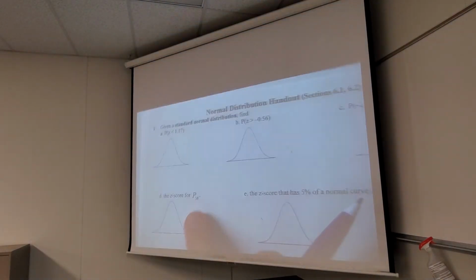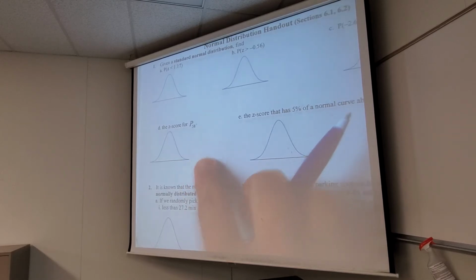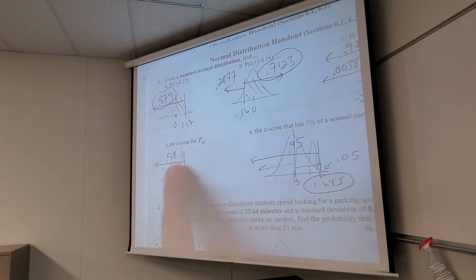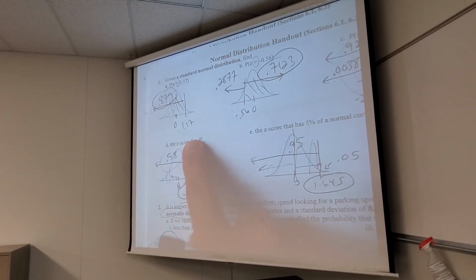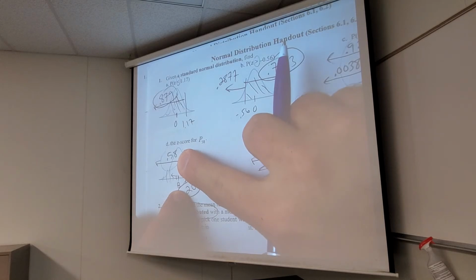Do you guys remember how we did this one? If you don't, here's how we did that one. P58 is the 58th percentile. So this problem was what we just did with the z-score chart backwards. I normally know the z-score and I look it up to get the area.